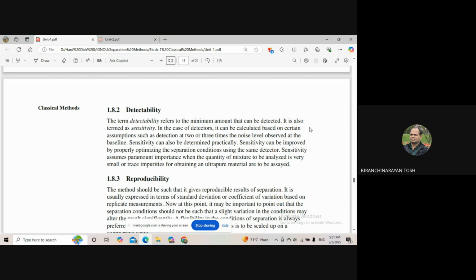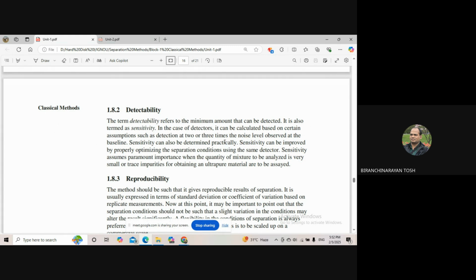Detection at 2 or 3 times the noise level observed at the baseline. So in any chromatography or separation technique like HPLC, whatever it may be, we have some baseline correction and noise level. When you are detecting based upon IR spectra or a UV-visible spectrophotometer, you can detect all these things. The instrument will have some equation. So if contamination is there, then noise will be produced.